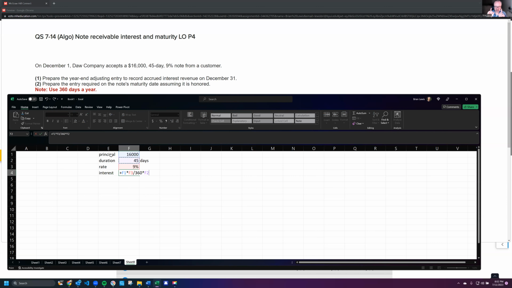Right, so how much interest per day? Because this is not compounded, this is just simple interest. And you got 45 days. So that's $180. So they're saying prepare the journal entry, right?